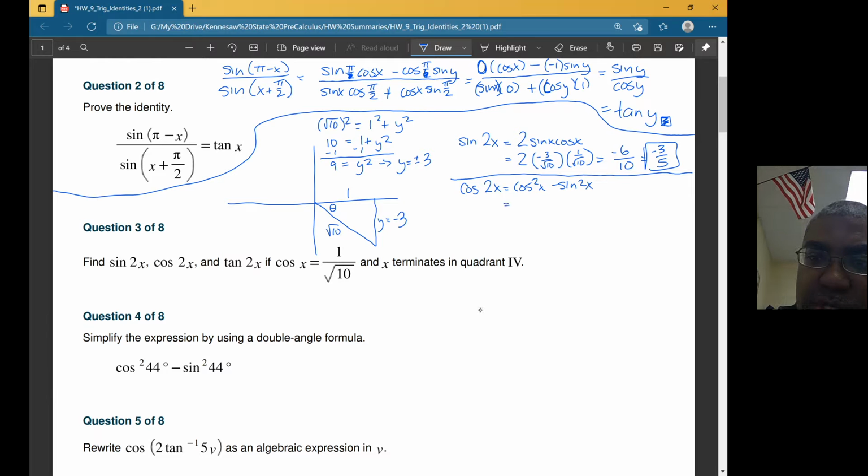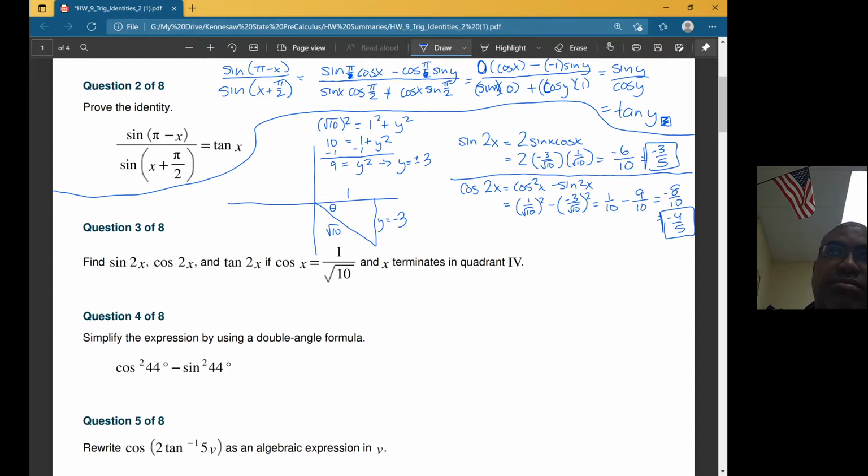So cosine of x is 1 over root 10, squared, minus negative 3 over root 10, squared. That is equal to 1 over 10 minus, squaring this negative 3 over root 10 makes it positive, so the subtraction sign stays intact, 9 over 10. So 1 over 10 minus 9 over 10 is equal to negative 8 over 10, which simplifies to negative 4 over 5.